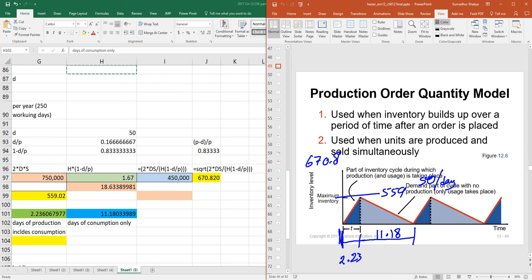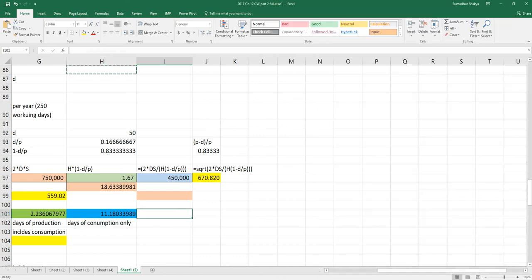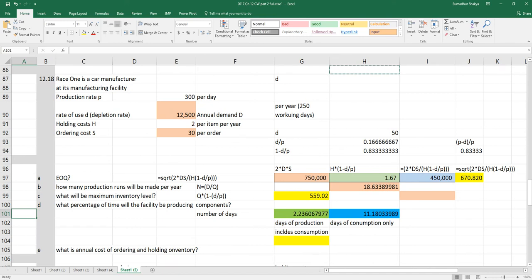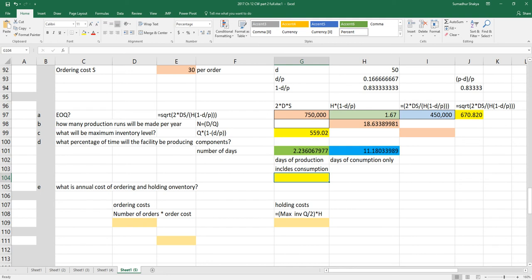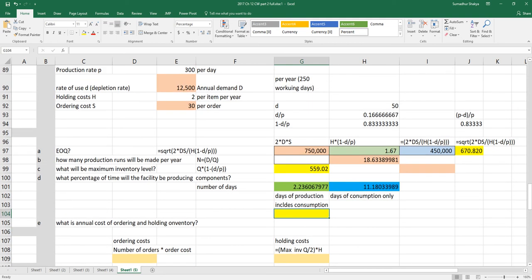So the total time would be the sum from here to here, 2.23 plus 11.18, and you can also calculate what time was the production being done by doing 2.23 divided by 2.23 plus 11.18. That would be the percentage of the time when the production was happening. Okay, now let's calculate the next thing: what is the annual cost of ordering and holding the inventory?